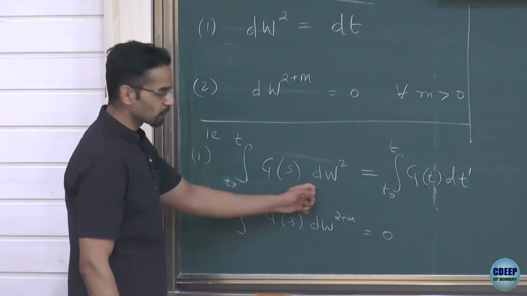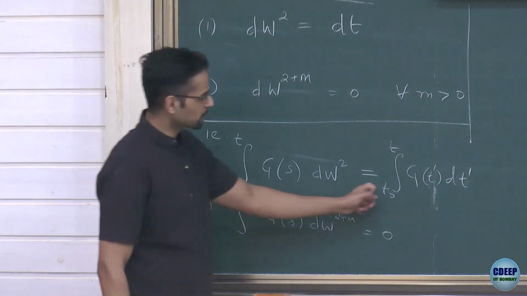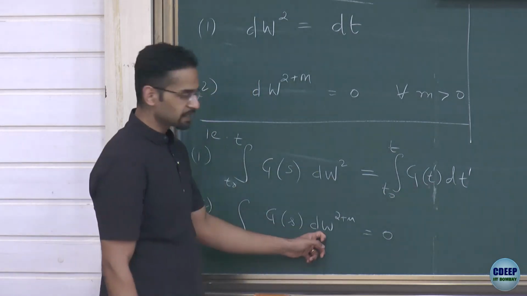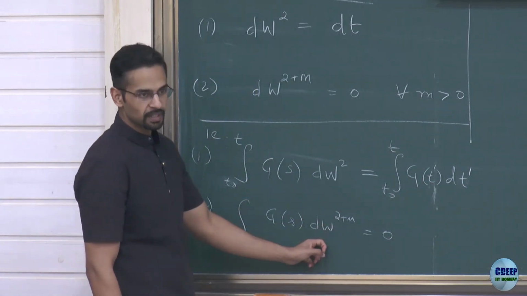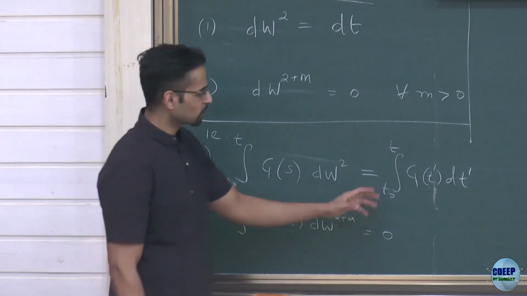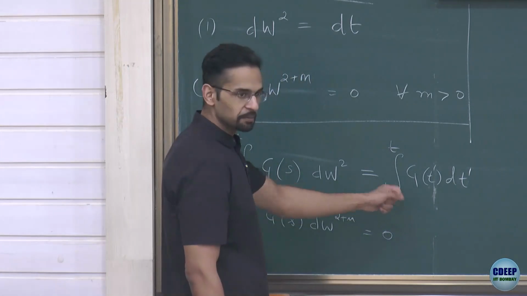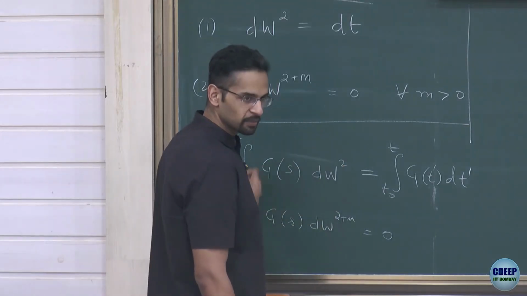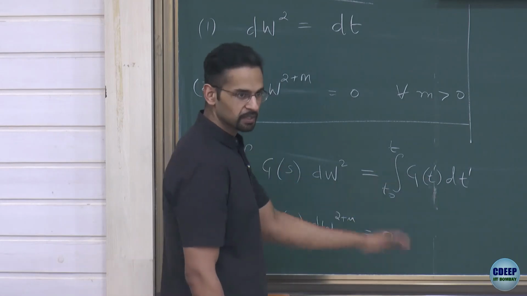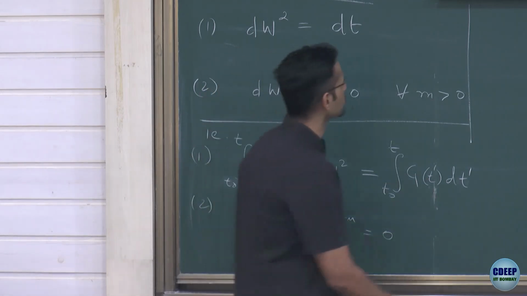So this stochastic integral, if I have dW squared, becomes this deterministic integral. And any integral with dW to a power greater than 2 basically drops out and becomes 0. So how do we prove this? Remember, this equality means that the partial sum that defines this integral becomes that partial sum in the mean square limit, as n goes to infinity. So that's what we're going to prove.